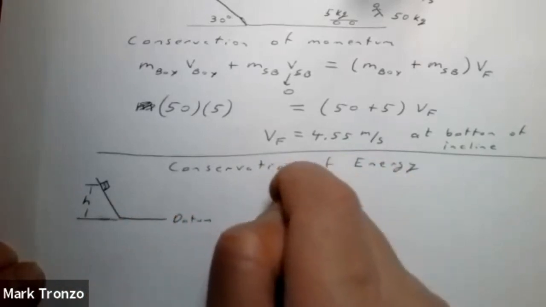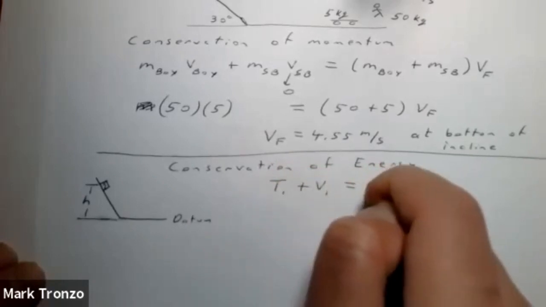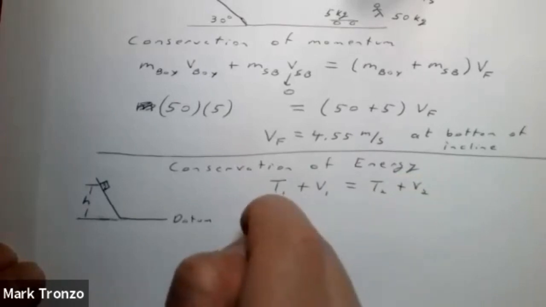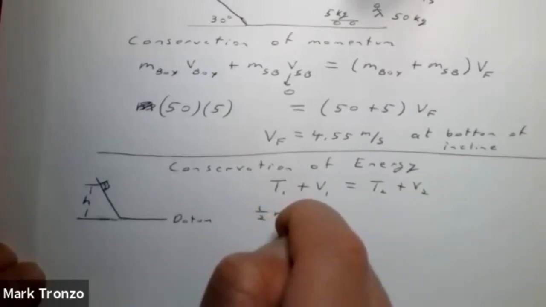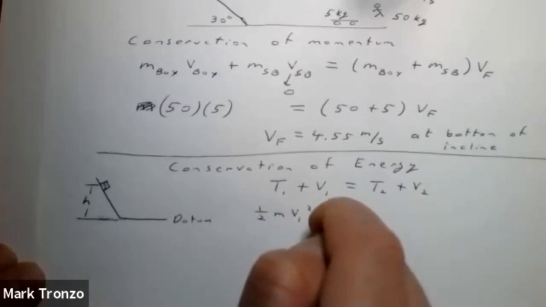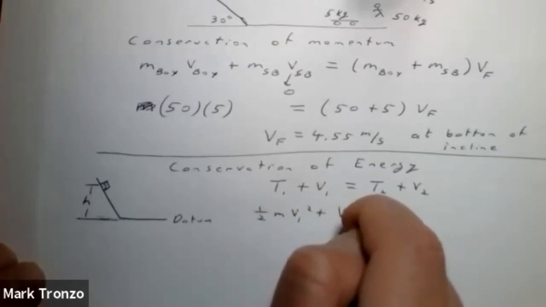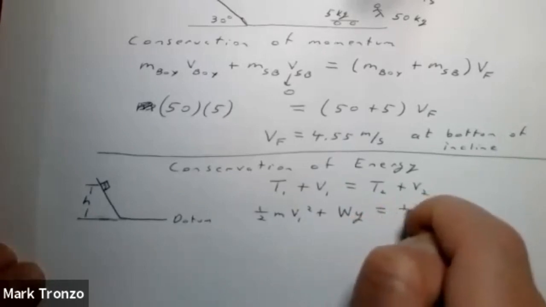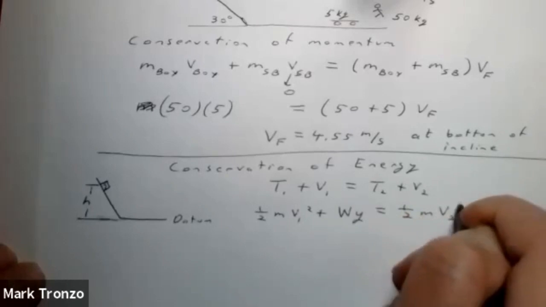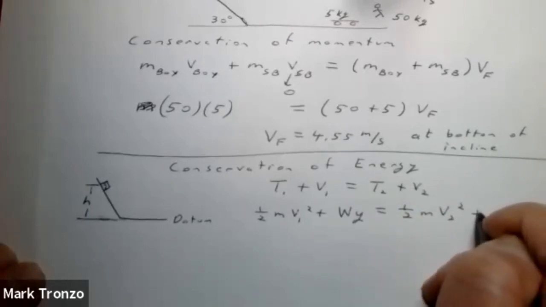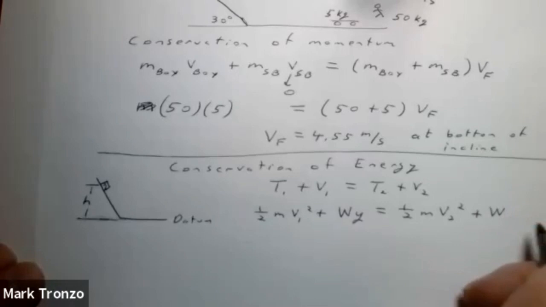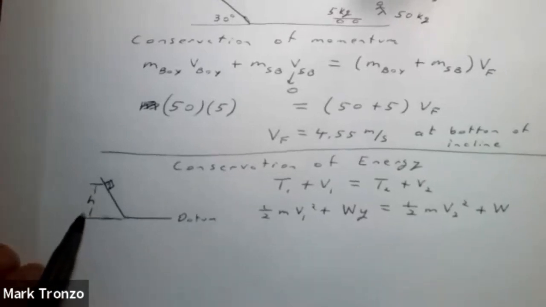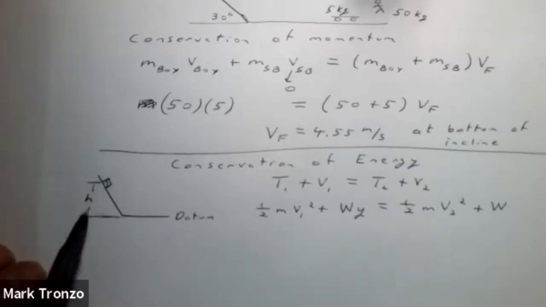So if we use conservation of energy, T1 plus V1 equals T2 plus V2. 1/2 m v1 squared plus, again, our weight times our distance to the datum, equals 1/2 m v2 squared plus our weight times, in this case, when he gets up to his height, h, that'll be his distance from the datum line.